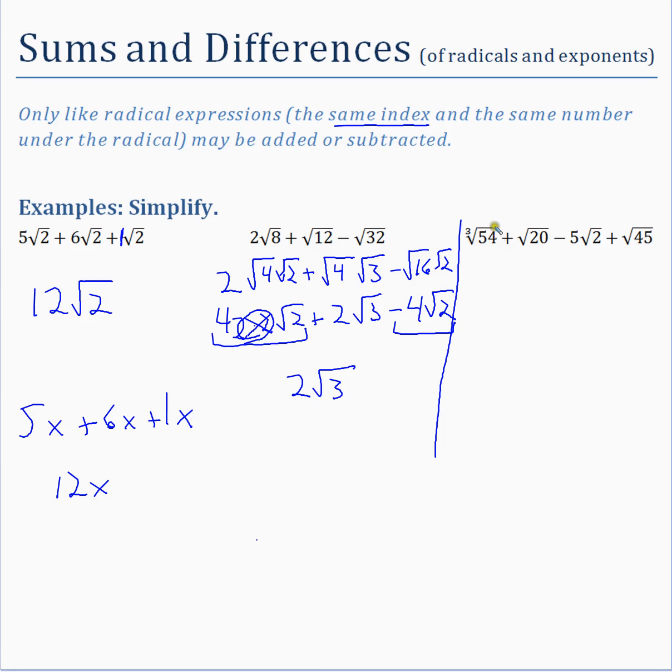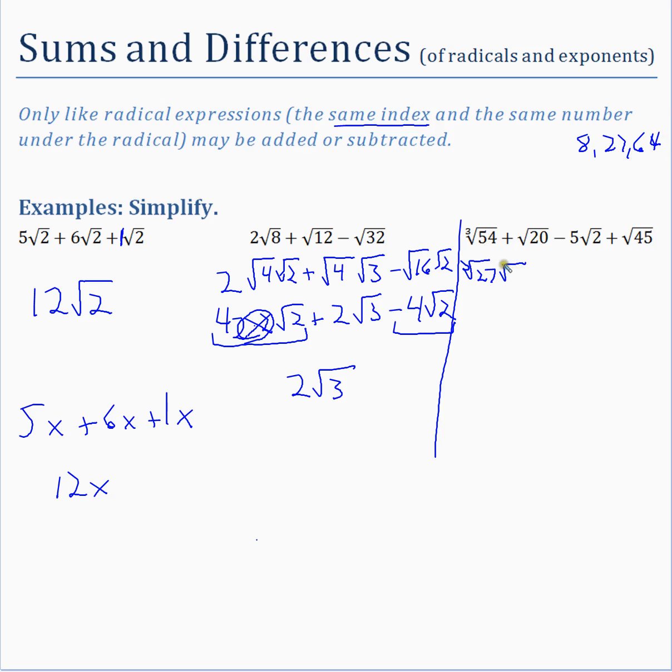Now, we want to think, is there a perfect cube that goes into 54? So our perfect cubes are 2 cubed is 8, 3 cubed is 27, 4 cubed is 64. So 27 goes into that. So what we can do is split this up into the cube root of 27 times, and 27 times what equals 54?